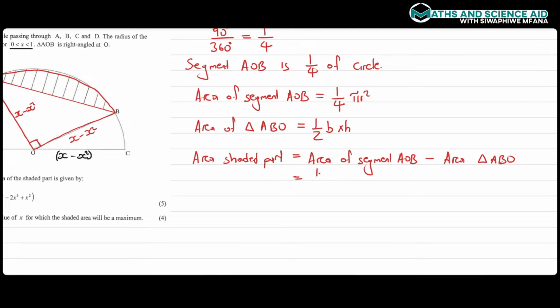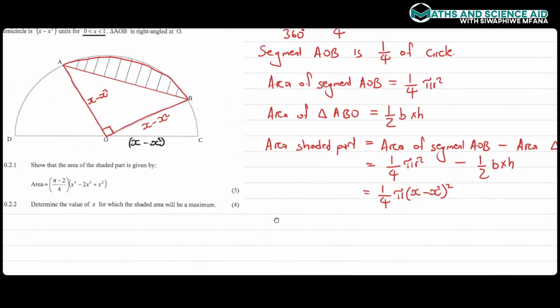Okay, I'll just rewrite the formulas here. This is 1 over 4 pi r squared minus half base multiplied by height. Now we can go ahead and substitute in. We know that the radius for that circle is x minus x squared, so all of that squared, because x minus x squared is the actual radius, right?